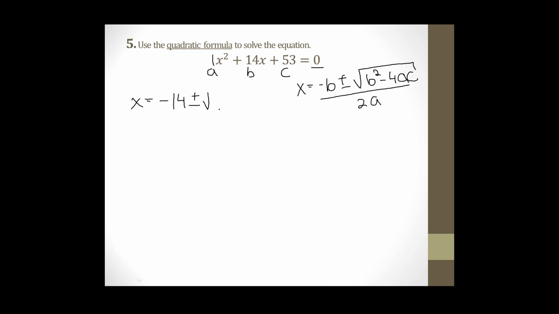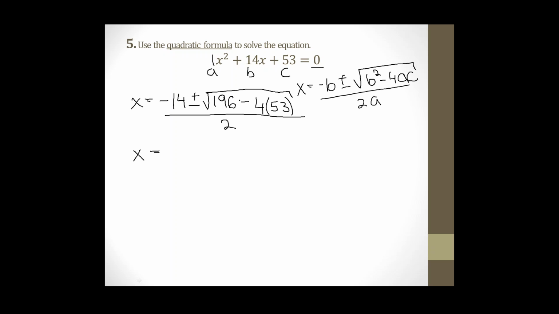Sidekick, can you do some punching for me? 196. So I'm solving the 14 times 14 already, which is 196. And then minus 4 times a, which is 1, and c, which is 53. And all that is over 2 times a. My a is 1, so just 2.